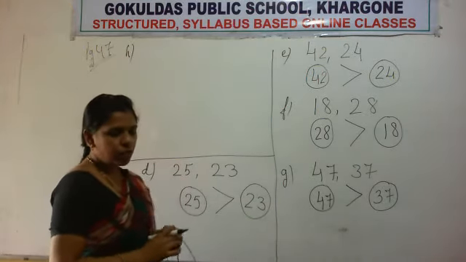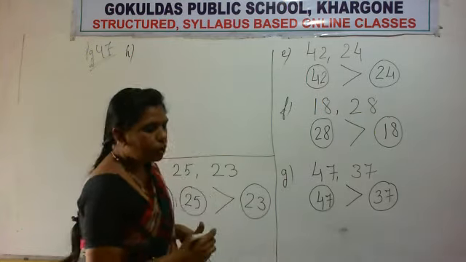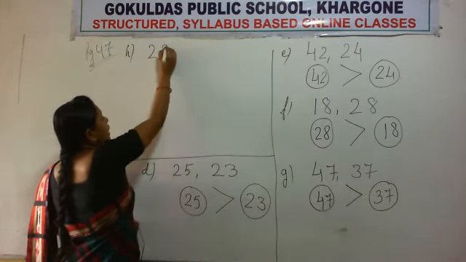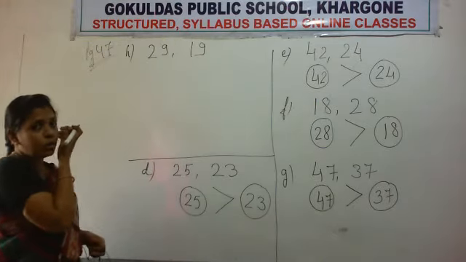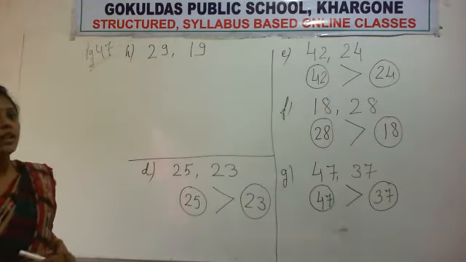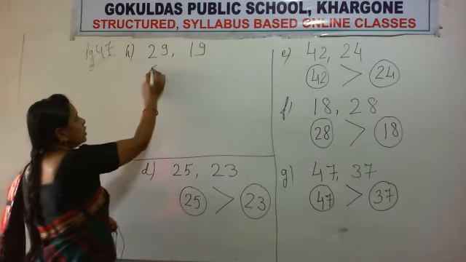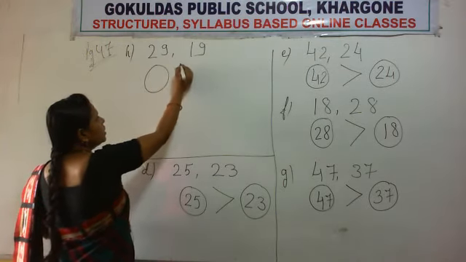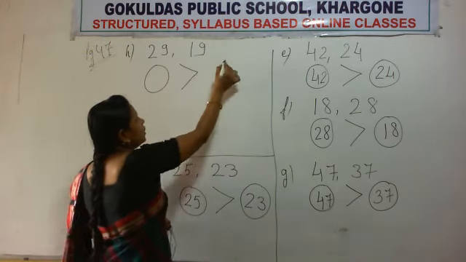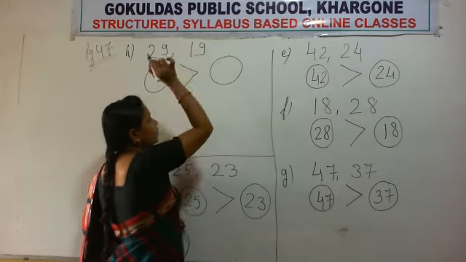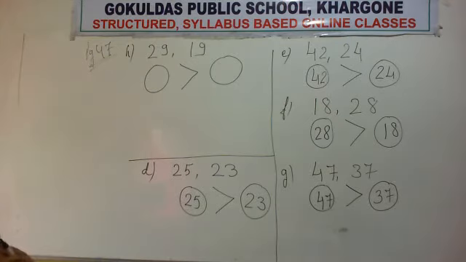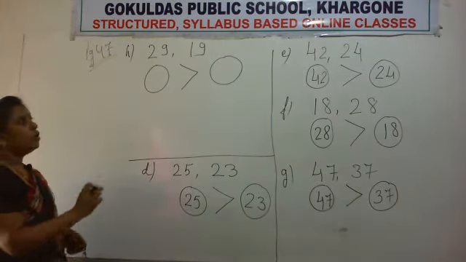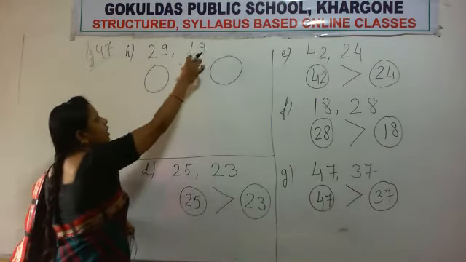H. So what are the numbers given there? 29 and 90. So draw a circle, then the symbol of greater than, draw another circle. Now compare which number is bigger and which is smaller. 29 and 90.